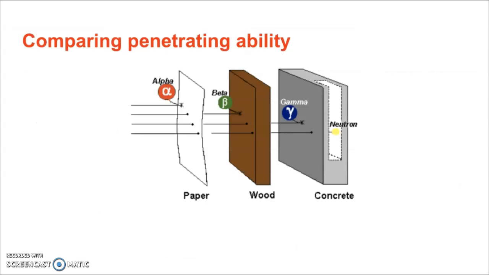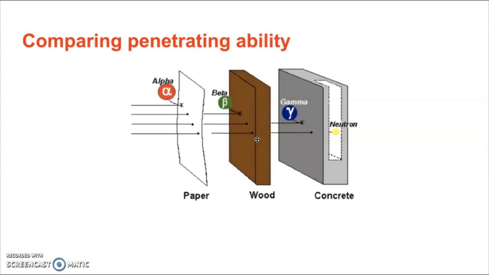When I'm comparing my penetrating ability, this is why I'm going to look here, right? Alpha particles here are not going to be able to get past my paper, okay? It's stopped because it's heavy, it's going slow, so it's going to be able to be stopped by something really thin. My beta particle here can go through this paper a little bit. It's going to be stopped by something thicker, okay?